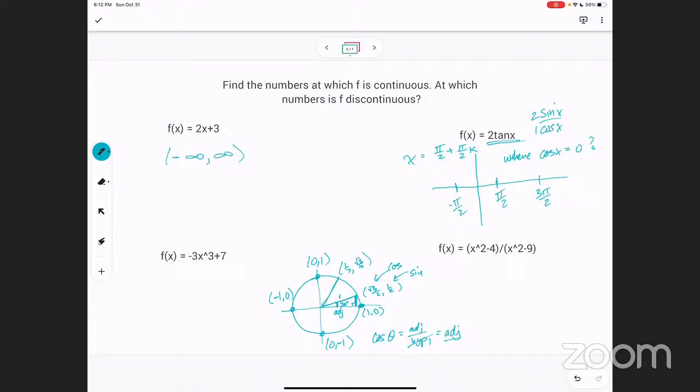No, that's not right. My bad. Pi over 2 plus pi k. Yeah, pi over 2 plus pi k.